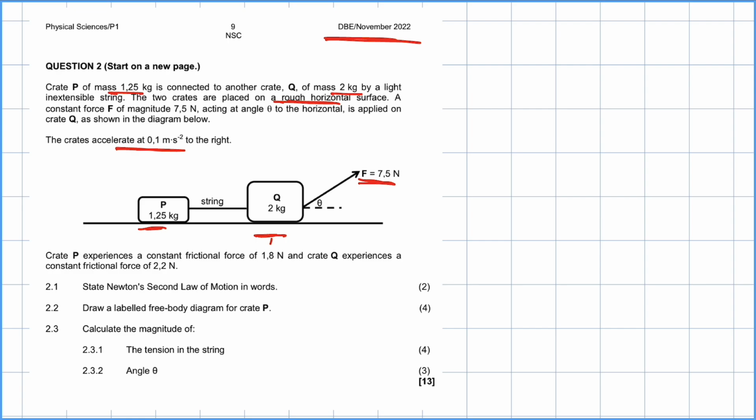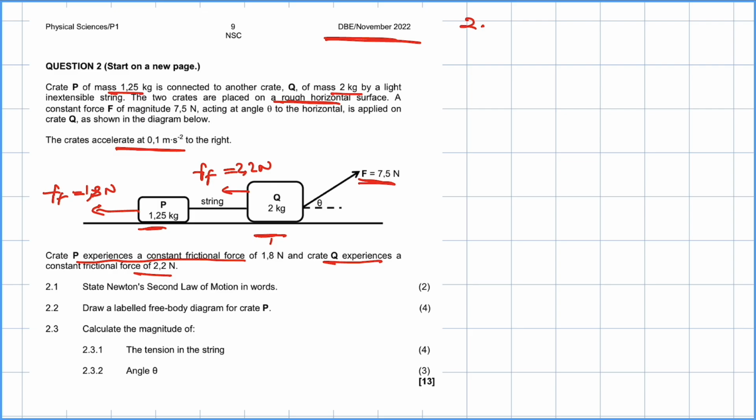Crate P experiences a frictional force of 1.8 newtons, and Q experiences a frictional force of 2.2 newtons.